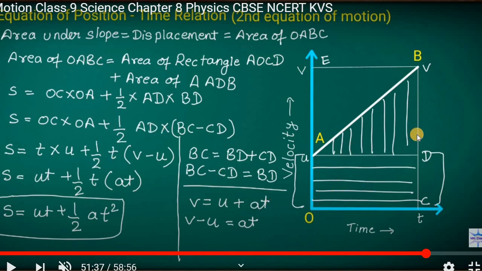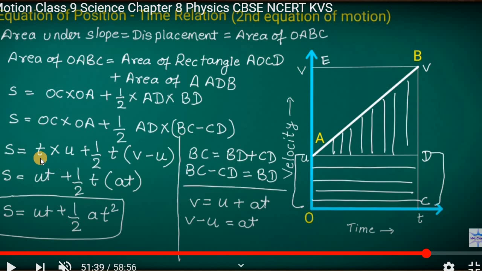Here AD is parallel to OT, which means AD is equal to OT, so it is T. And BC, from here to here, BC is equal to OE, and OE is the final velocity, so instead of BC we can write V. And CD, CD is equal to OA, which is the initial velocity, U.